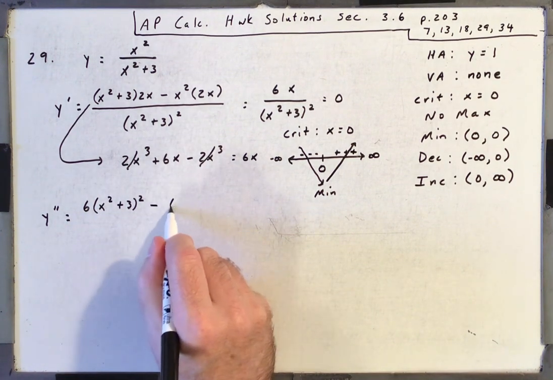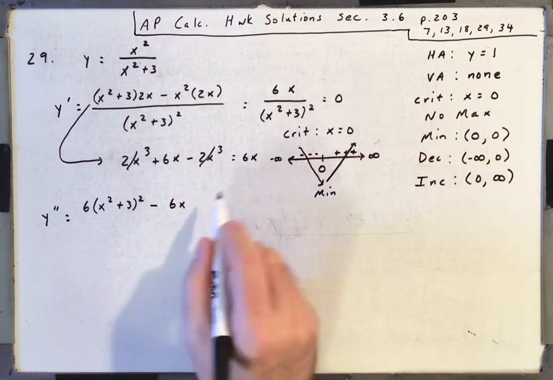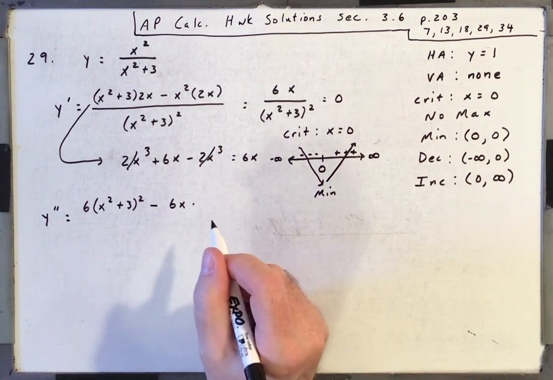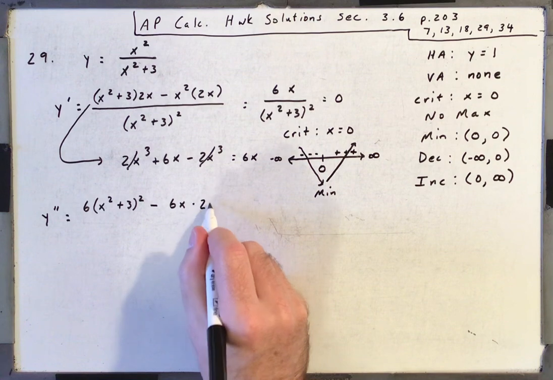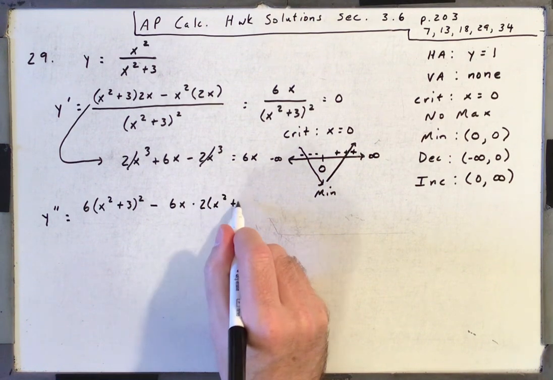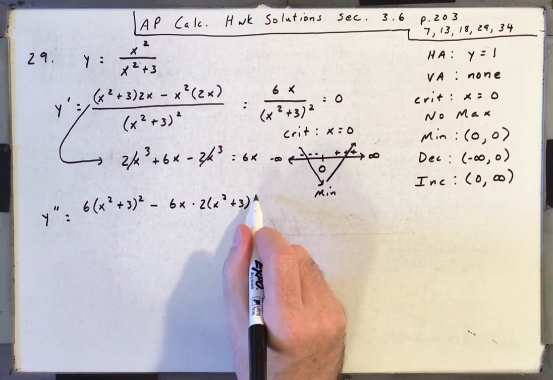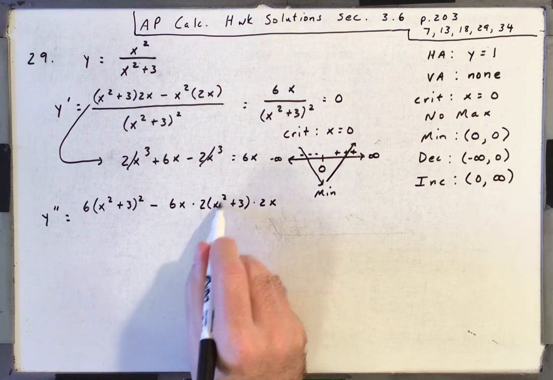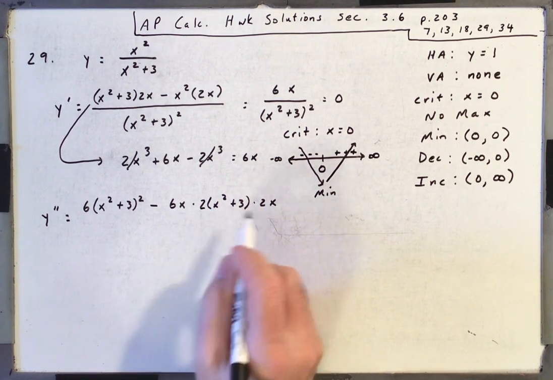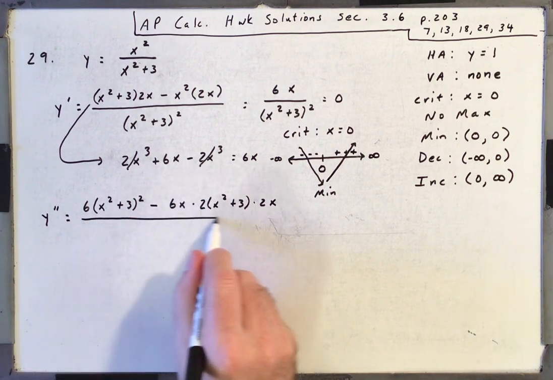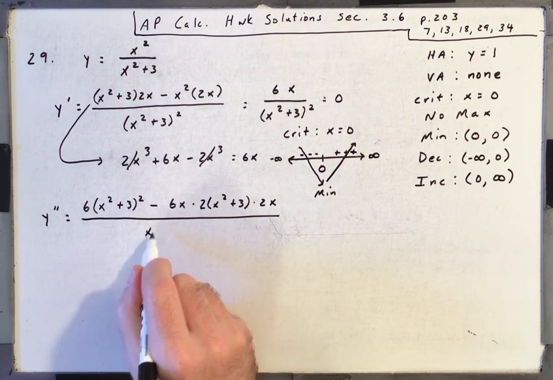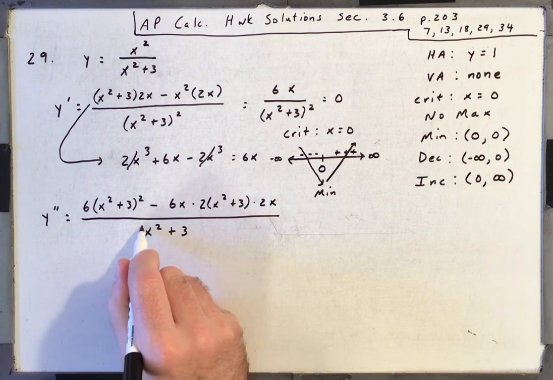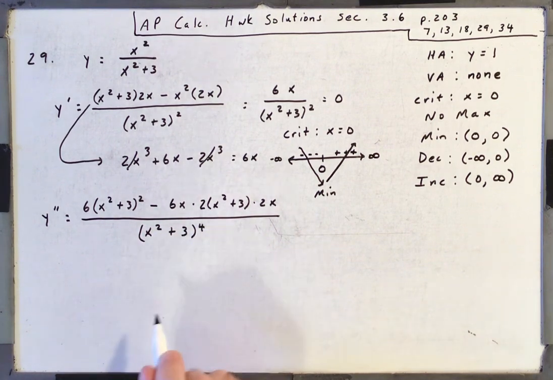Minus the top, 6x, times the derivative of the bottom. So that's times 2 times x squared plus 3 to the first times 2x, right, times the derivative of x squared plus 3. All over x squared plus 3, the bottom squared, so that would be to the 4th.